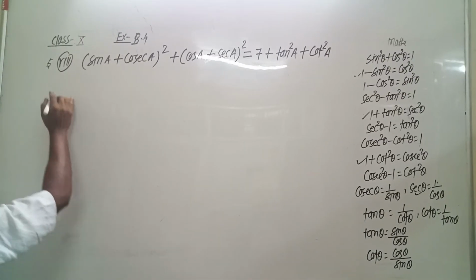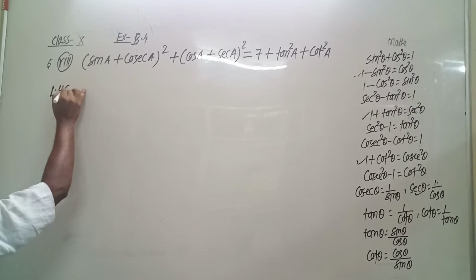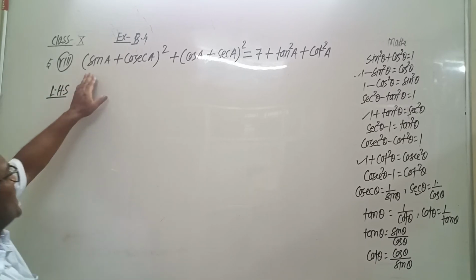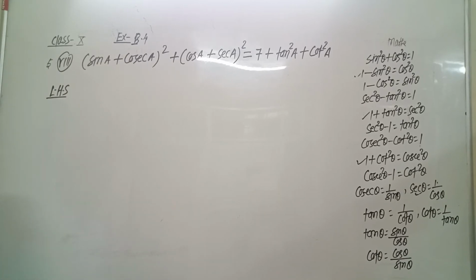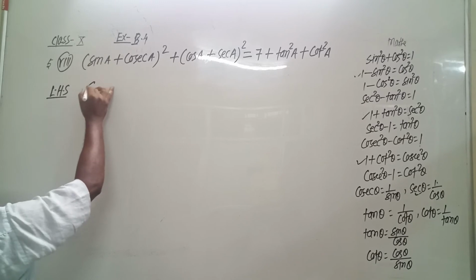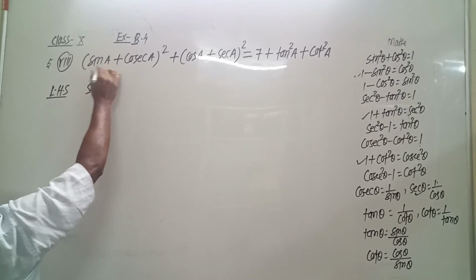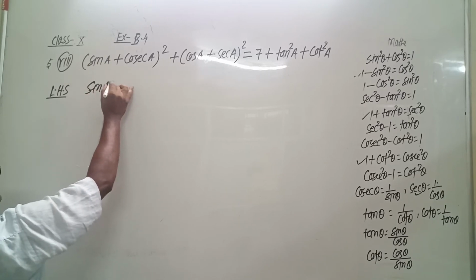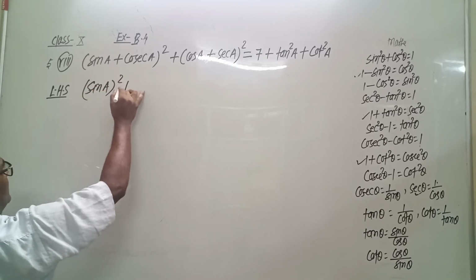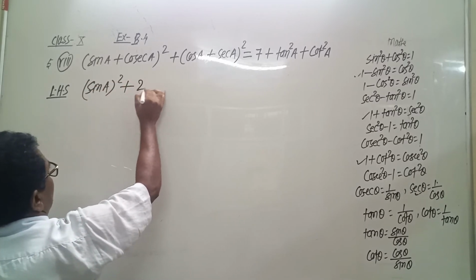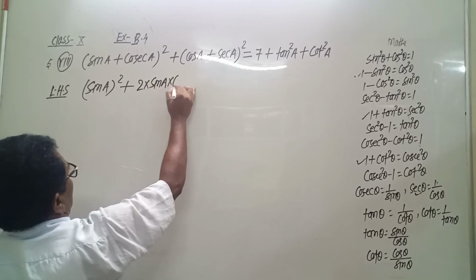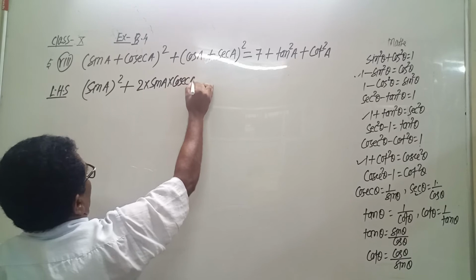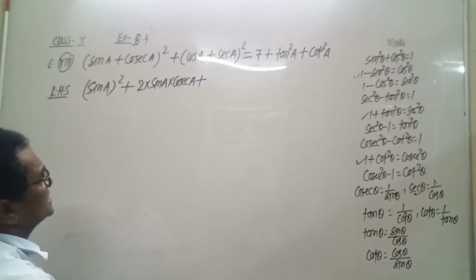So we will solve LHS, and this will be expanded on the formula (A plus B) the whole square. So we write A square, means sin A the whole square, plus 2AB, so 2 into sin A into cosec A, and plus B square.